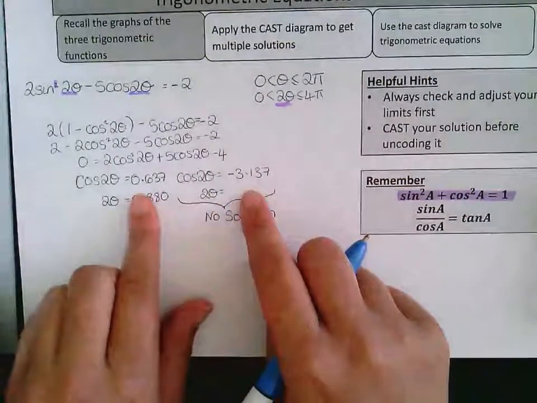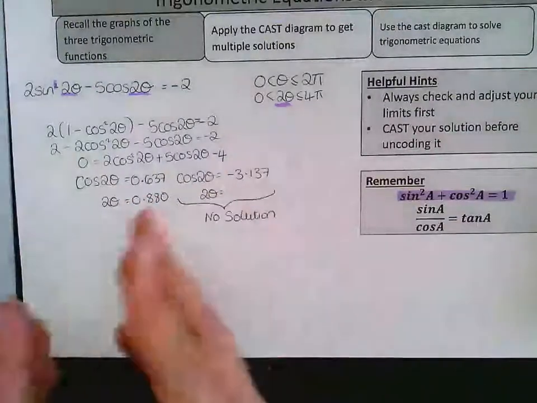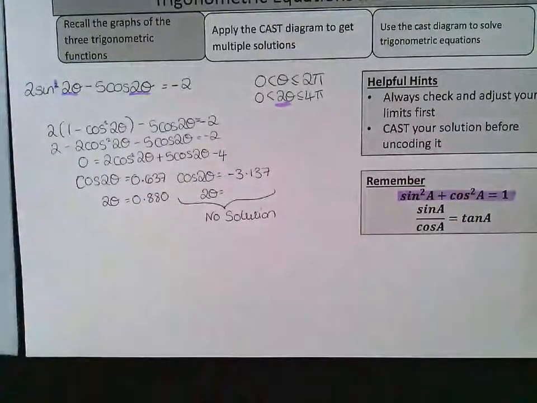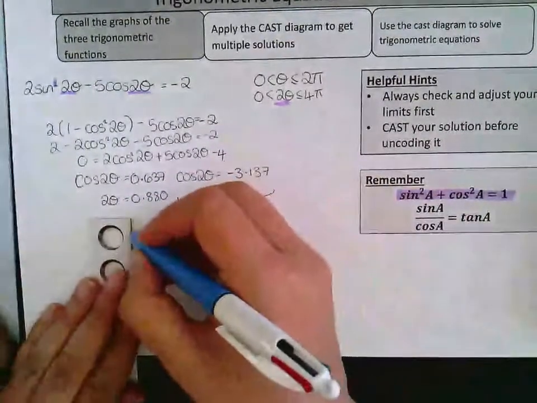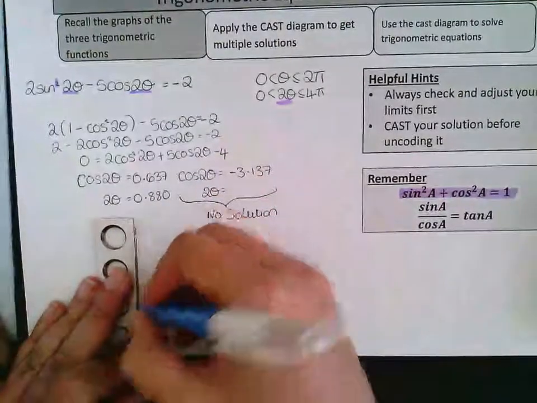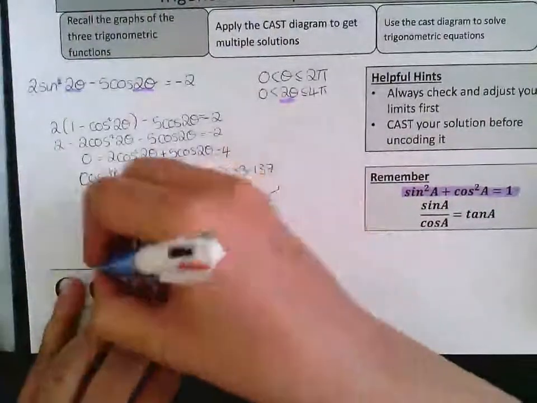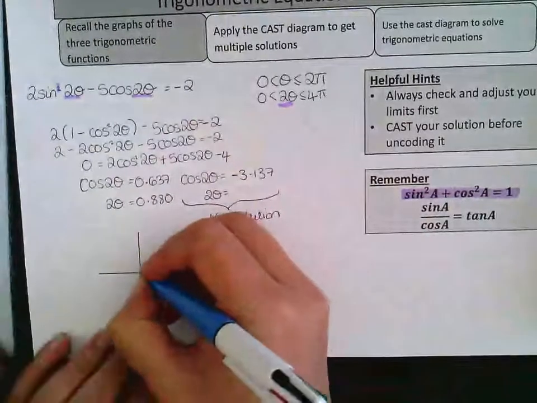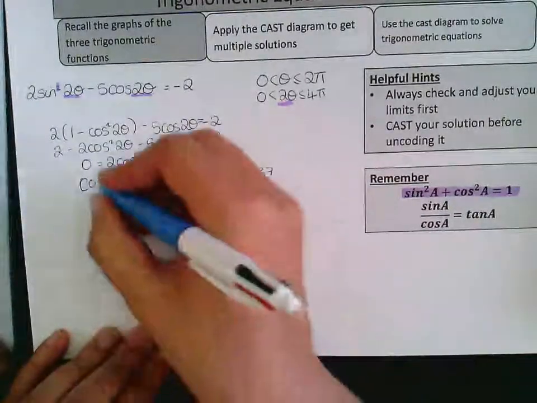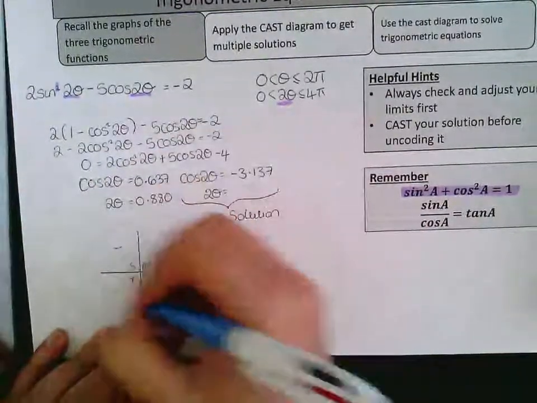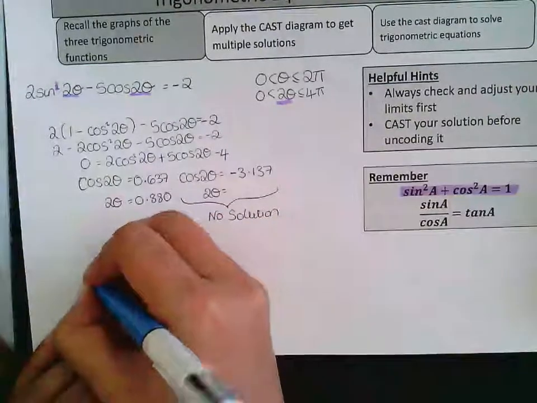Now, if I do end up with 2 solutions, I will cast them both. But here I'm just going to deal with this one. I'm dealing with cos, so plus, plus, minus, minus. And I always see how far I'm going.